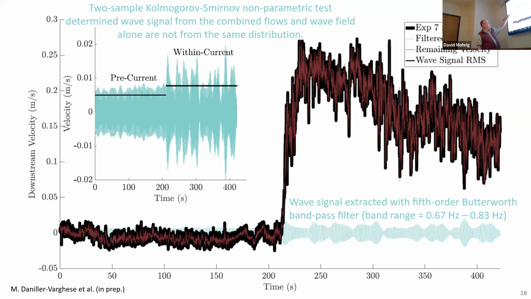If we compare the velocities associated with the pre-current, just the simple wave field, to those associated with the convolution of the wave field and the turbidity current, and run a Kolmogorov-Smirnov test, we find at high significance that these are not coming from the same distribution.